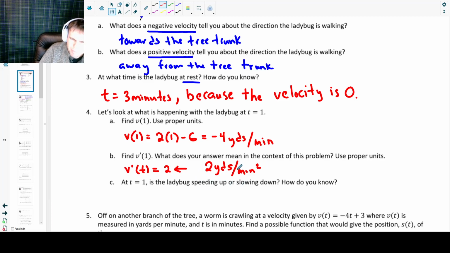Remember, if we go back to our previous lesson, the units of this derivative are going to be the units of v of t over the units of t, so yards per minute per minute, or yards per minute squared. So this is telling us that the velocity is always changing at this particular rate the whole time.